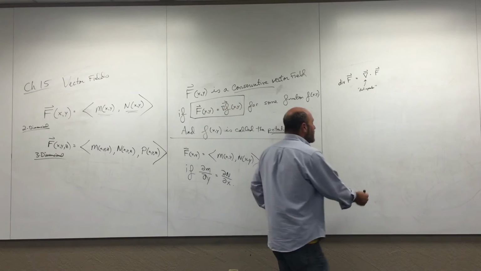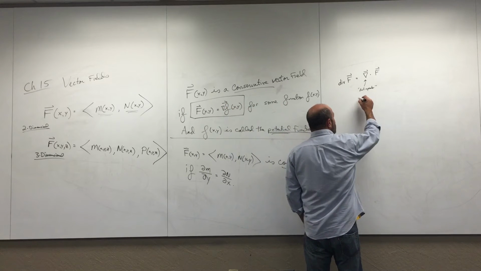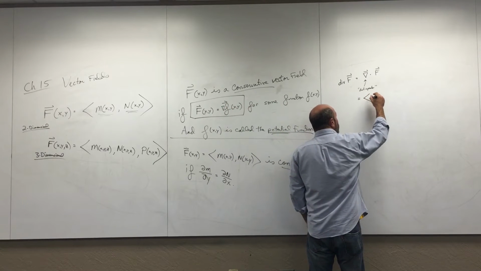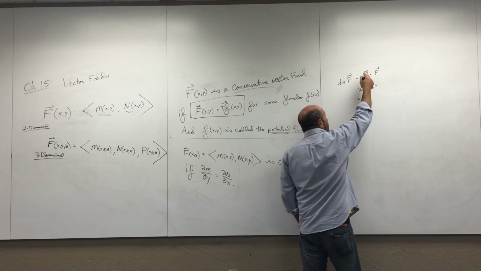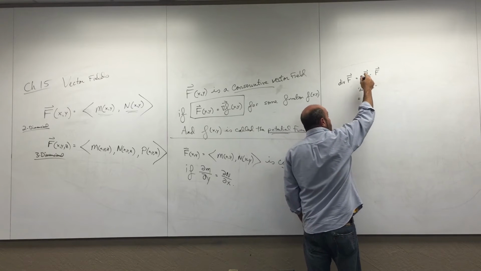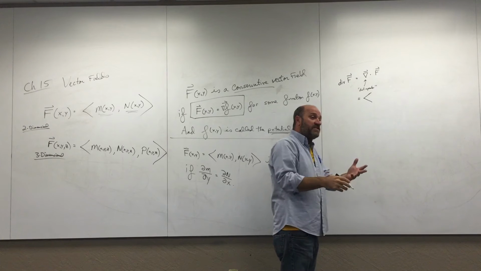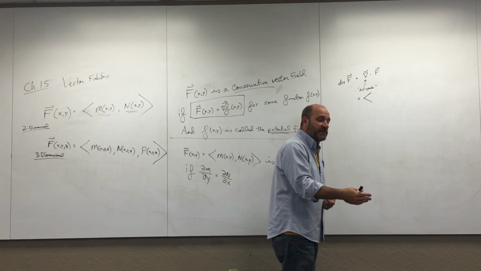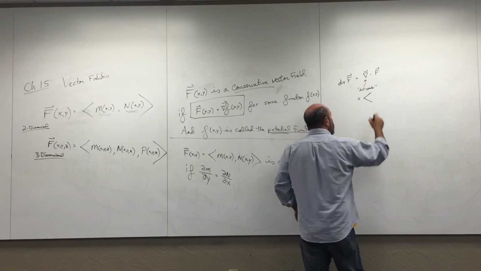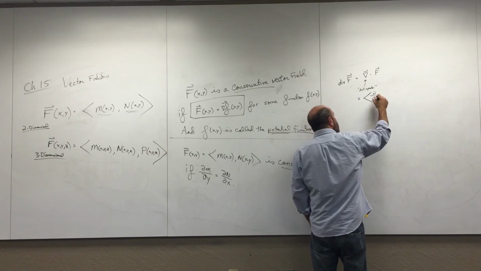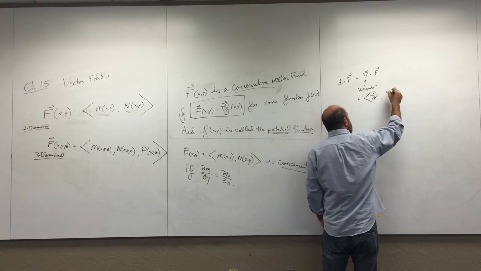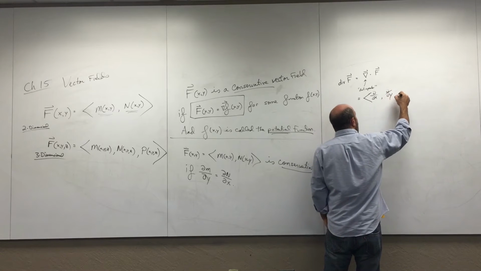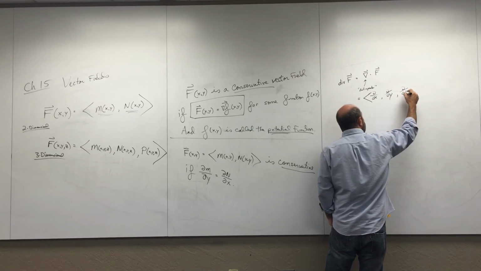And here's what it is. The del operator is a vector. It's the vector that says, please do the partial derivative with respect to x, the partial derivative with respect to y, and the partial derivative with respect to z. It's this vector: d/dx, d/dy, d/dz.